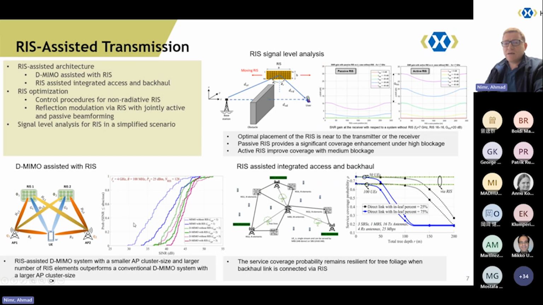One of the key takeaways from the analysis related to blockage is that RIS should be placed closer to the transmitter or the receiver, and active RIS, in the sense that it can also amplify the signal, is more significant in improving the link quality when there is a medium blockage. But purely passive RIS without any amplification could help only in conditions of strong blockage.